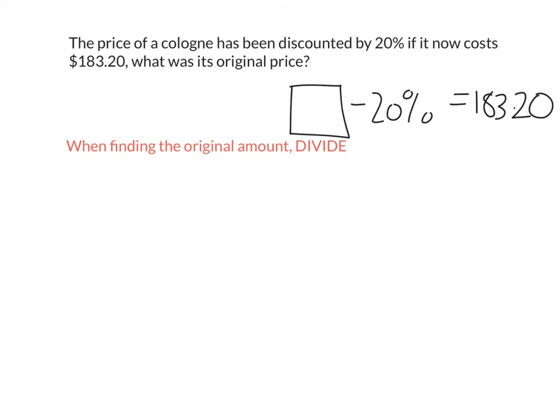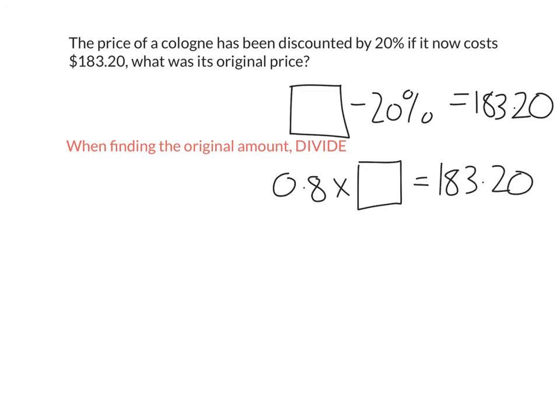Well, you know that when I discount something by 20%, it means we're only paying 80% of the original price. So what we're saying here is 80% of some number gives me 183.20, and I want to find out what this number is. So we could, of course, just call this number x. You know how to solve an equation like this.